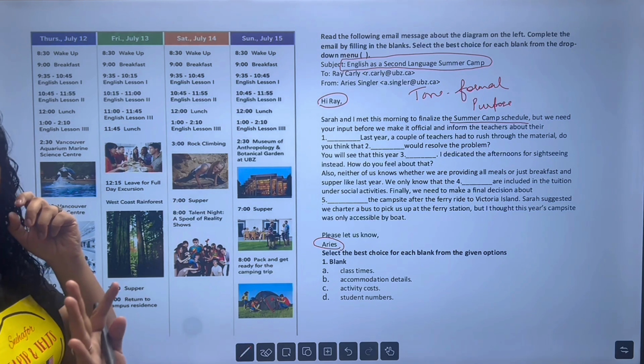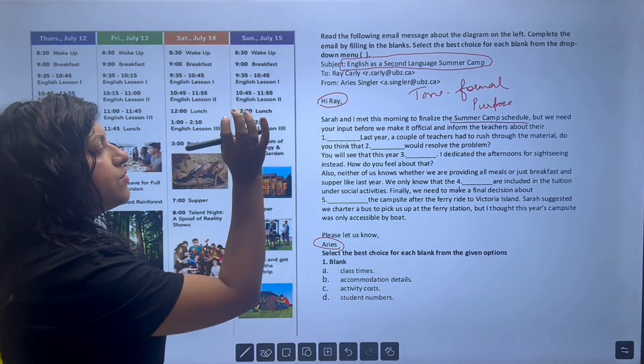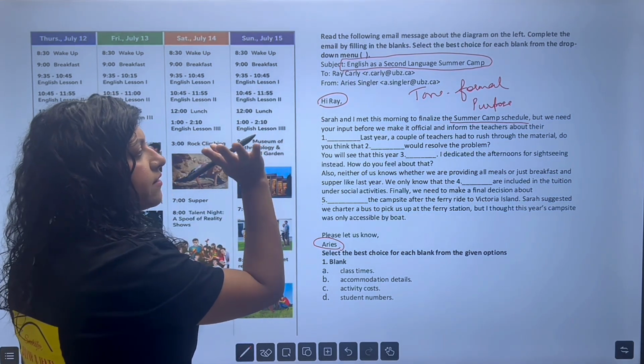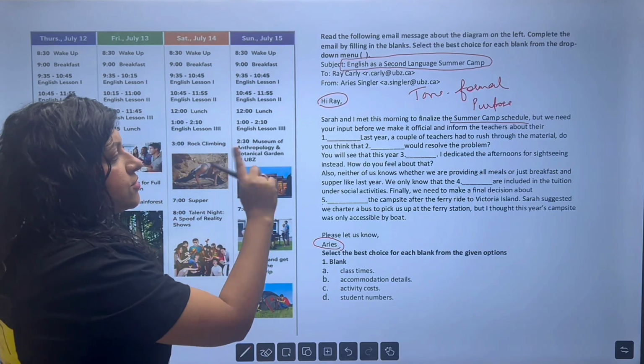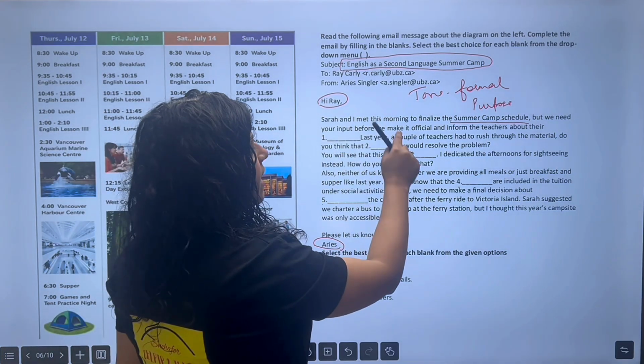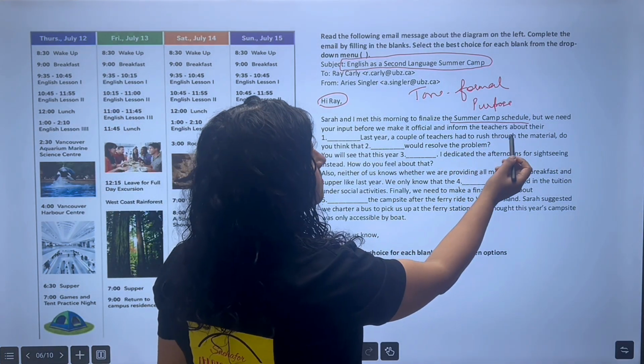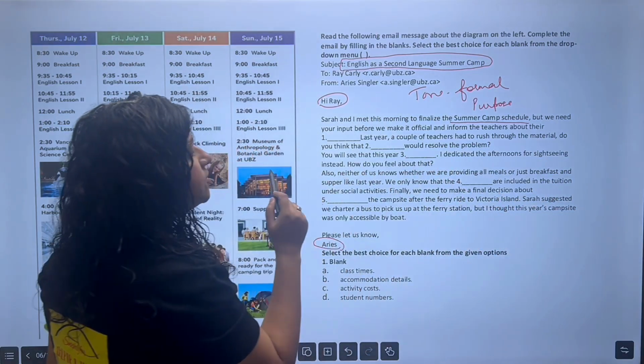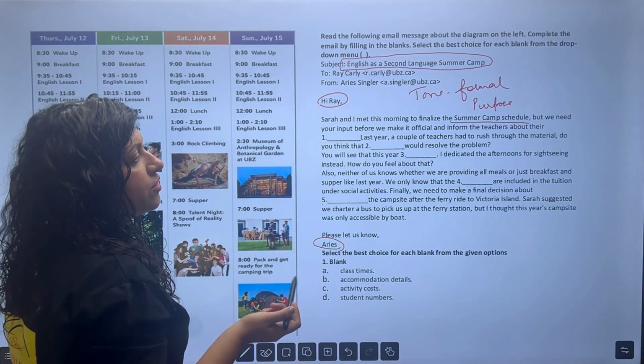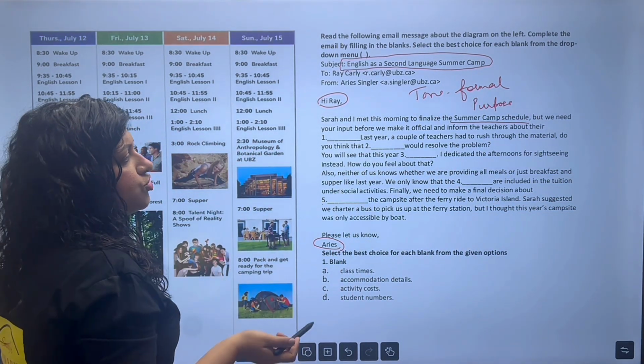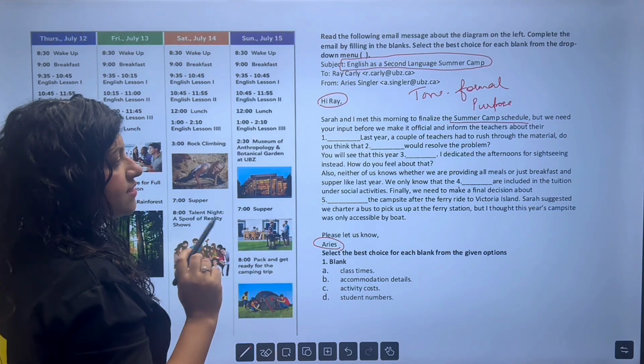Now what you're going to do is come straight to the question, fill in the blank number 1 that you see. It says, Sarah and I met this morning to finalize the summer camp schedule, but we need your input before we make it official and inform the teachers about their something.